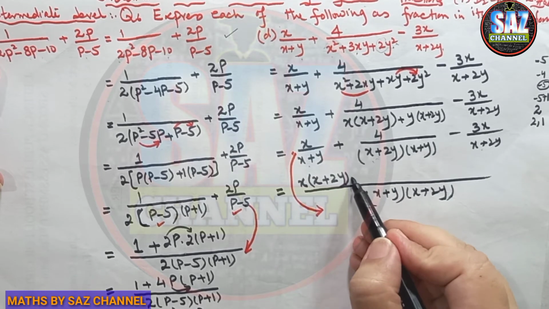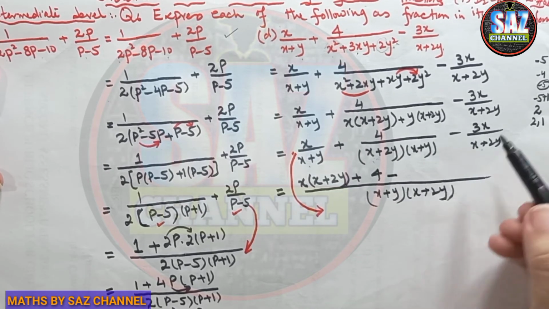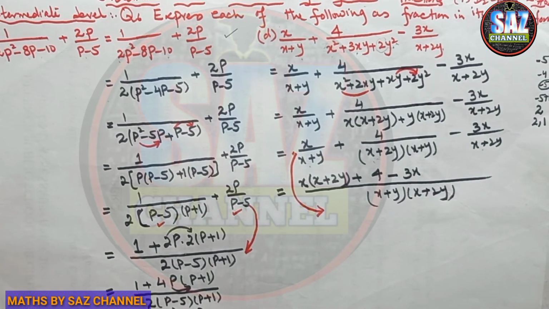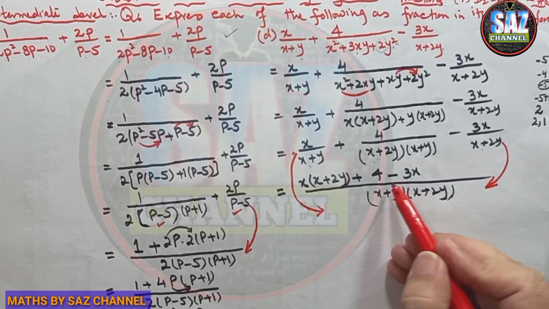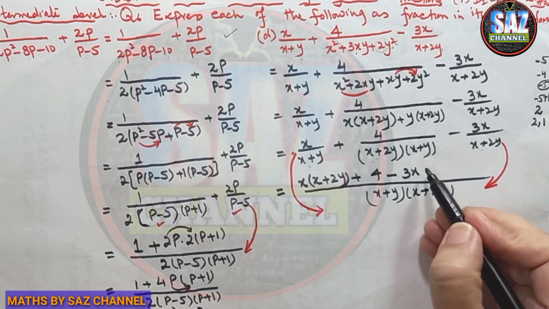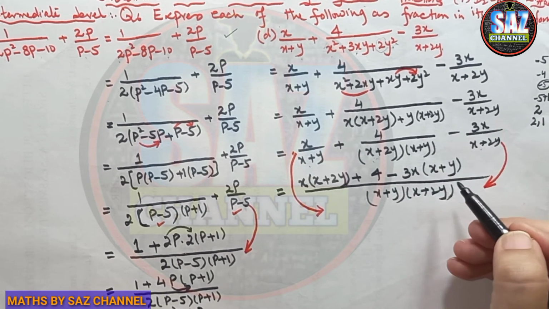Plus 4, this will be as it is. Coming to the third part, that is minus 3x. Now the denominator is x plus 2y, but the LCM contains one more term, that is x plus y. So 3x will be multiplied by x plus y to complete the deficiency.